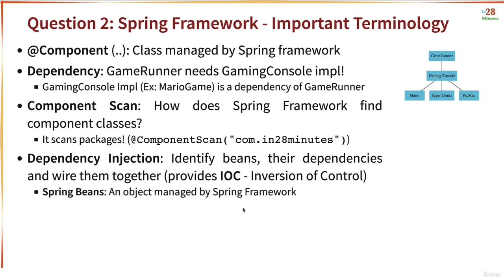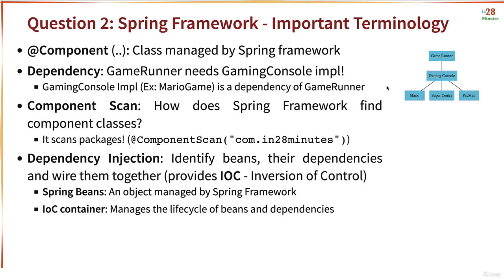The next terminology which is typically used is Spring Beans. Over here, Spring identified 2 component classes and created instances of them. So these objects and their lifecycle is managed by the Spring framework. And that's why these are called Spring Beans. What is an IOC container? The technical component inside the Spring framework which manages the lifecycle of beans and dependencies is called IOC container.